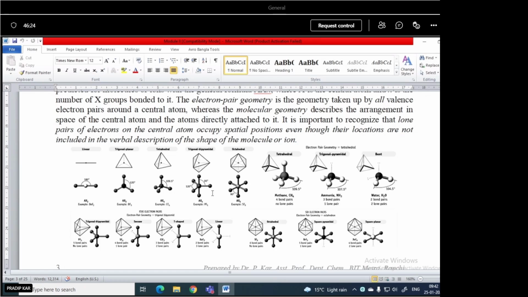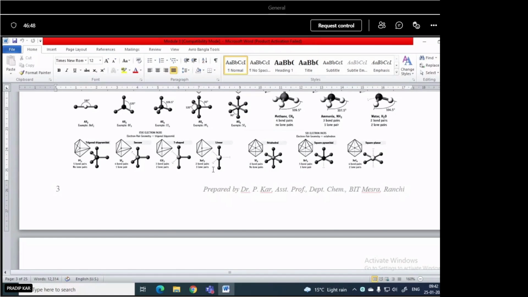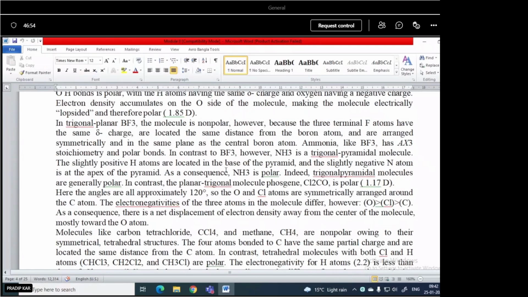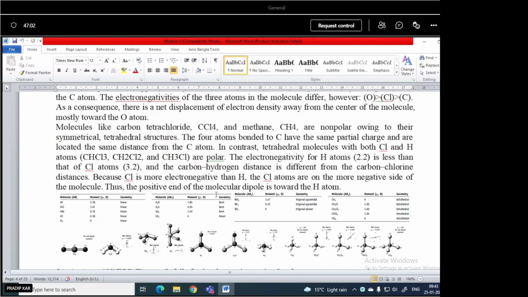Okay, I think you know that in case of BF3, the addition of 2 BF bonds is just opposite of the other one. That is why, as it is trigonal planar, it does not have any dipole moment. Is it clear? Yes, sir. In case of NH3 having the dipole moment, so here are a few examples.